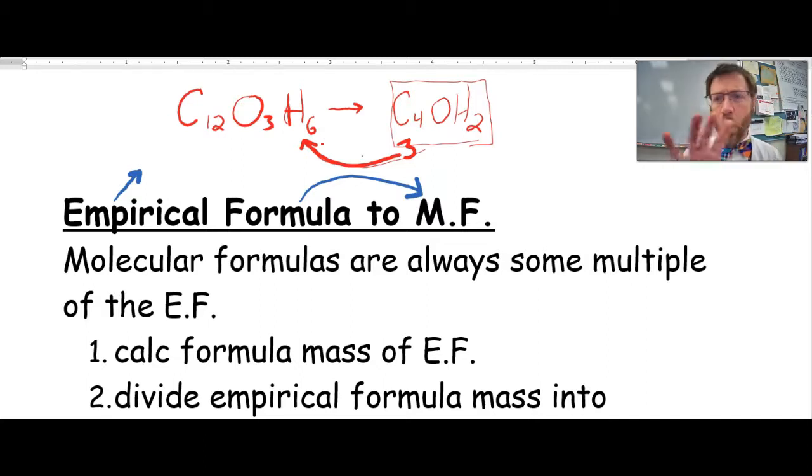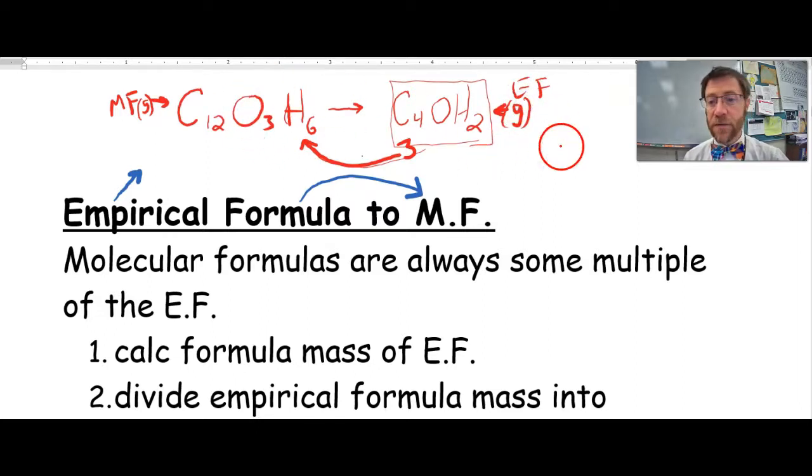So before we get going, our whole process is that we're going to find out how much this weighs. We're going to be given how much this weighs, and then all we do is, let's just call this the molecular formula mass, and this is going to be the empirical formula mass.